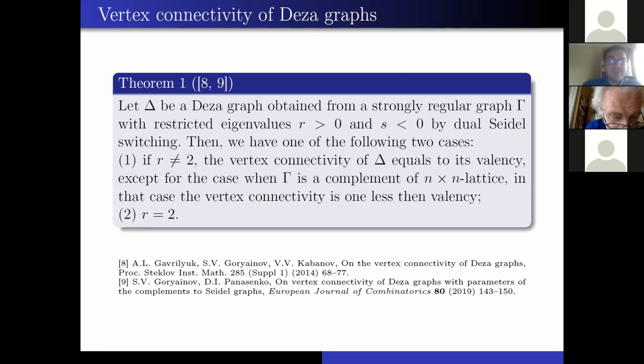In that case, vertex connectivity is one less than the valency. Valency here means the regularity, so a k-regular graph has valency k. And the case that remained unsolved is the case of strongly regular graphs with eigenvalue r equals 2.